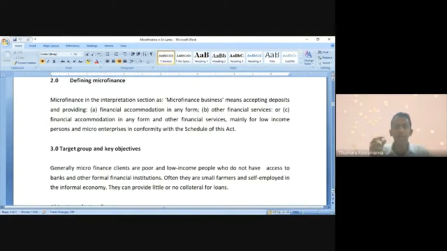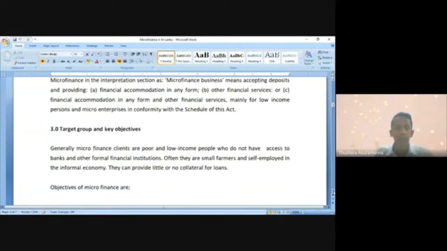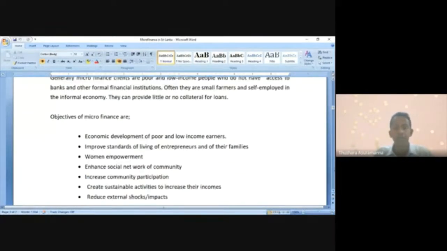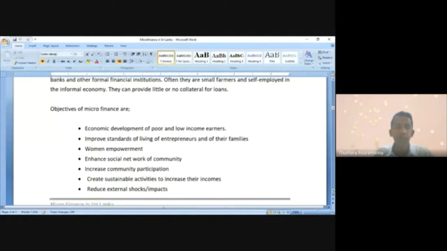The target group is basically the people below the poverty line, mainly women entrepreneurs who have entrepreneurial skills but don't have money. You can describe the target group like that. As for the objectives, there are many, but you should at least pick 3 or 4 to remember, in case the examiner wants us to write a short note.